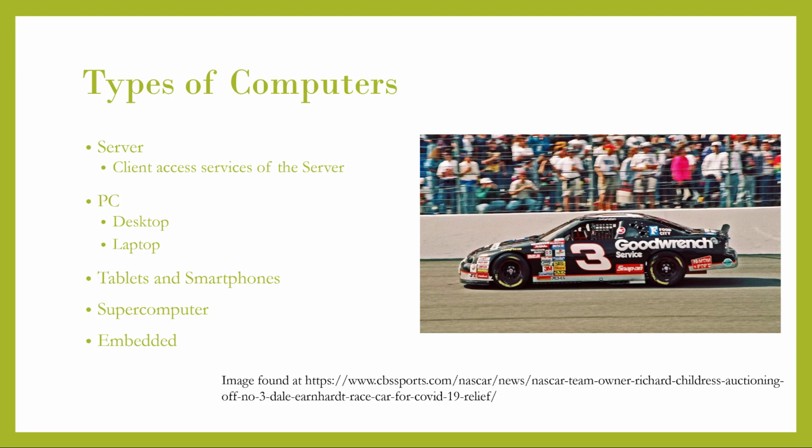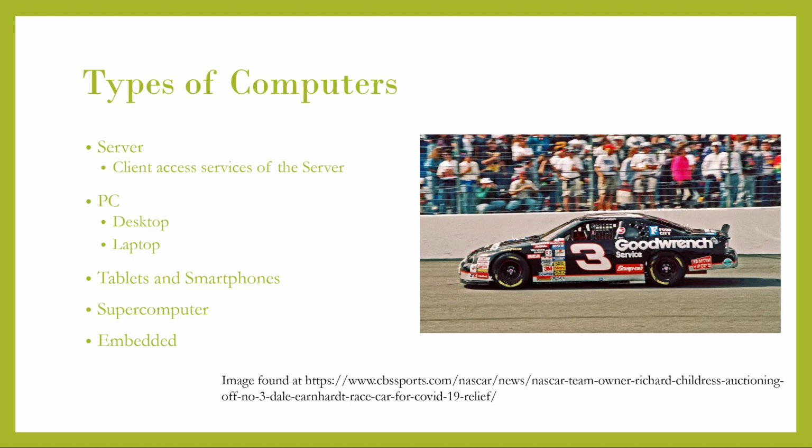So let's talk about different types of computers now. First, we're going to start off with a server. A server is a computer that provides a service over a network. That could be providing email, internet, file or printer services, or lots of different things. With a server, you have a client that uses it. A client is a machine or a program, but it's not a person.